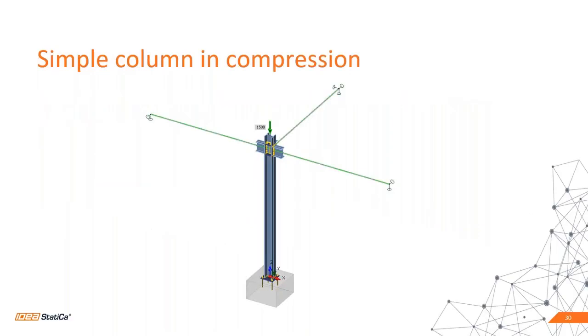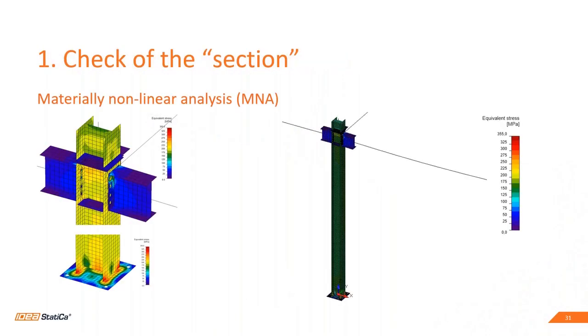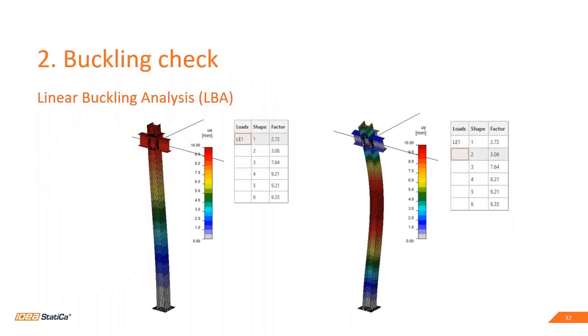I have one more simple example. It's a column loaded by compressive force, and it's just the same. In the first step, we will run the materially nonlinear analysis. We have the stress and strain picture. From the linear buckling analysis, we will get the first several eigenshapes, and in this example you can see that the first one on the left and the second one on the right have factors which are quite close to each other.